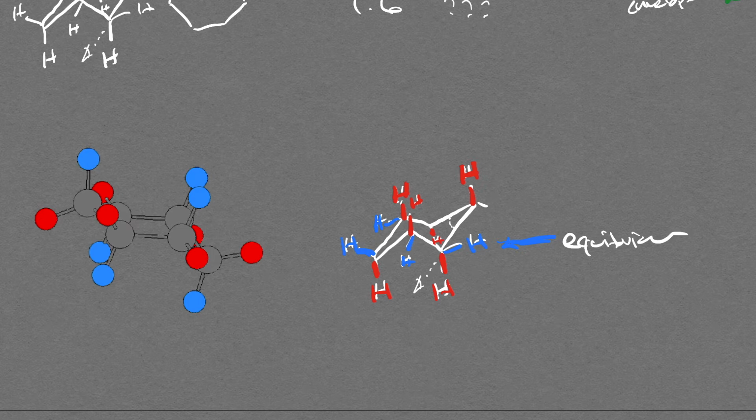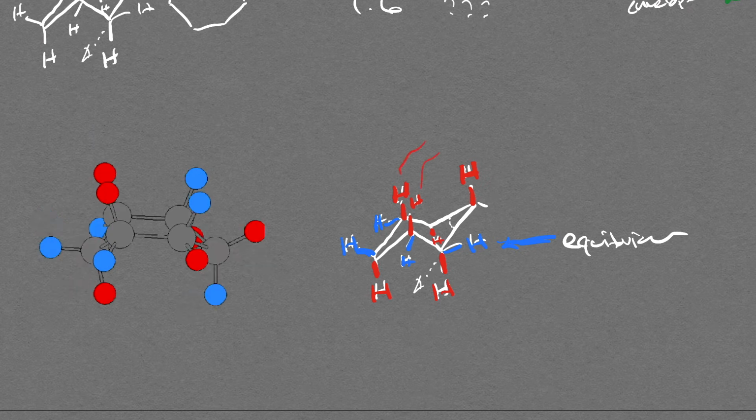So the hydrogens that surround the outside are equatorial. And then the hydrogens that stick straight up, these are called axial. Just like these three down here, these are all called axial. And so you have 6 axial and 6 equatorial hydrogens, okay?